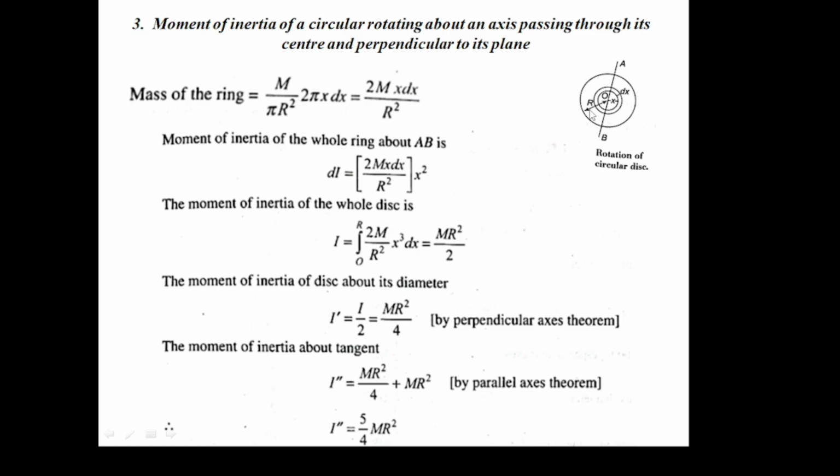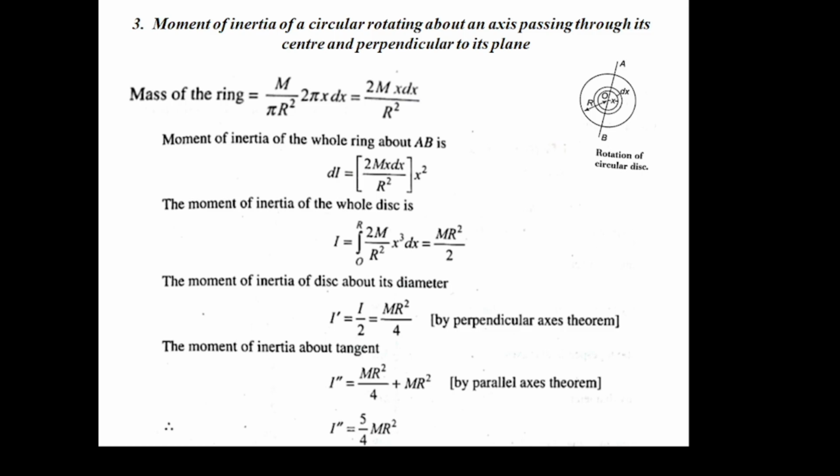The center is at O and the axis AB is perpendicular to the plane of the disc. Let us consider a concentric circular strip of the disc of radius x and thickness dx. So the area of the elementary ring is 2 pi x dx, and the area of the plane is pi R square.